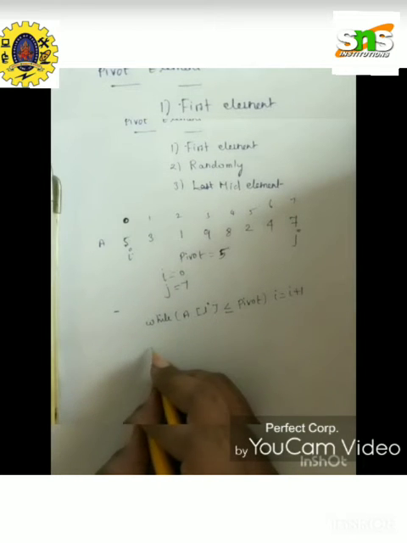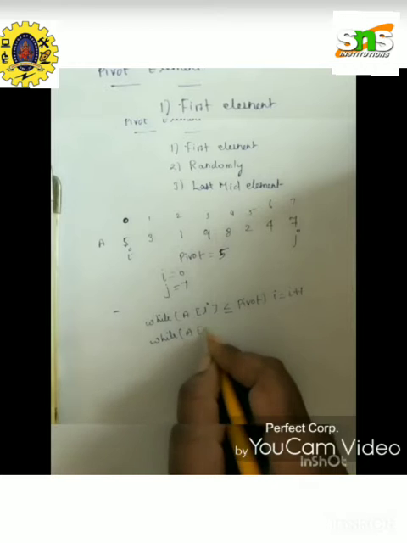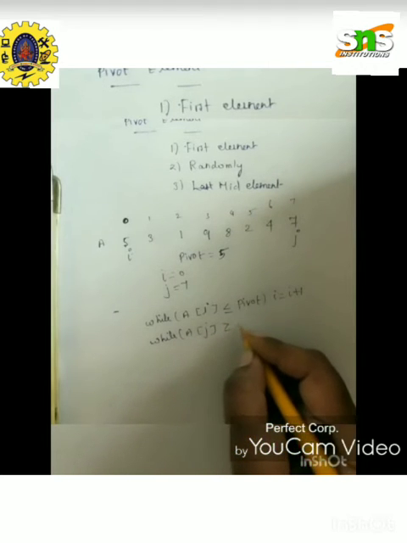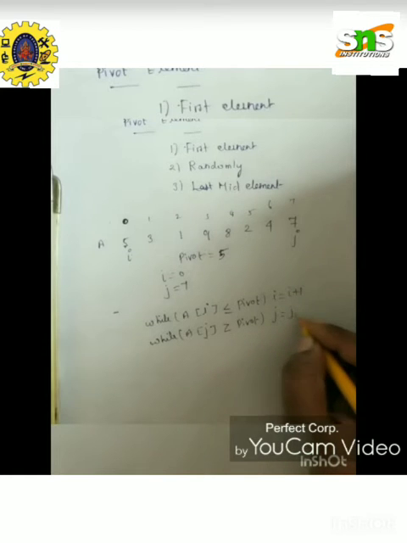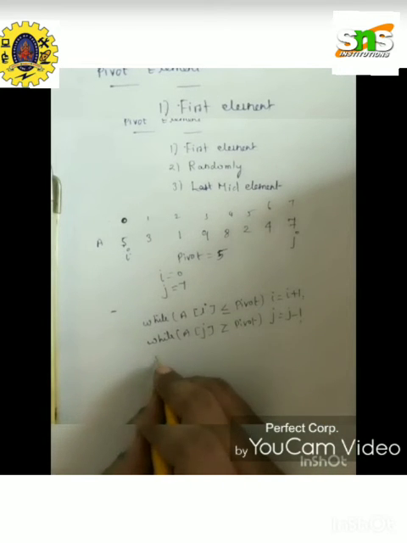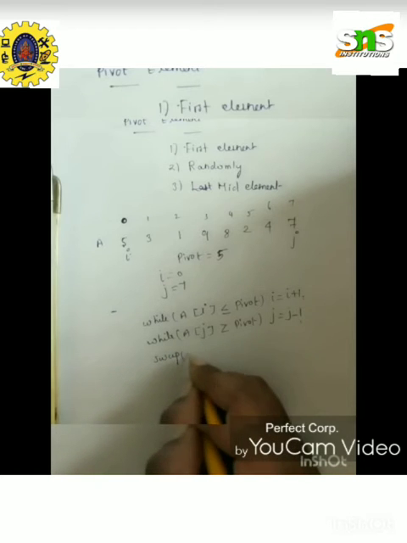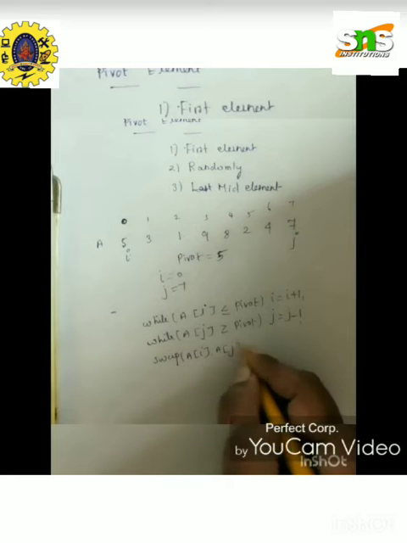The second loop: while a of j is greater than or equal to pivot, j equals j minus 1. First start this iteration, next start the other. If both fail, then swap a of i and a of j values.